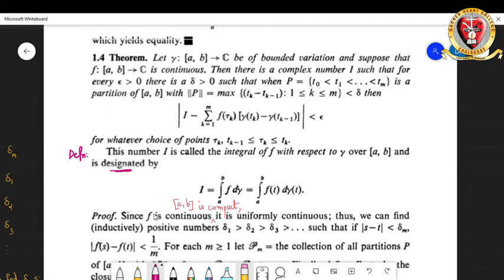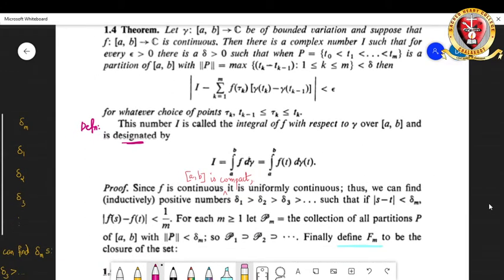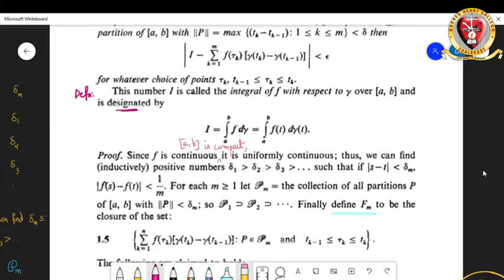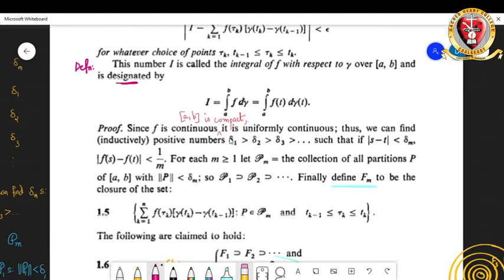So f is a continuous function defined on a compact set, and that means f is uniformly continuous. So what can we do? By this property, we know that f is uniformly continuous.